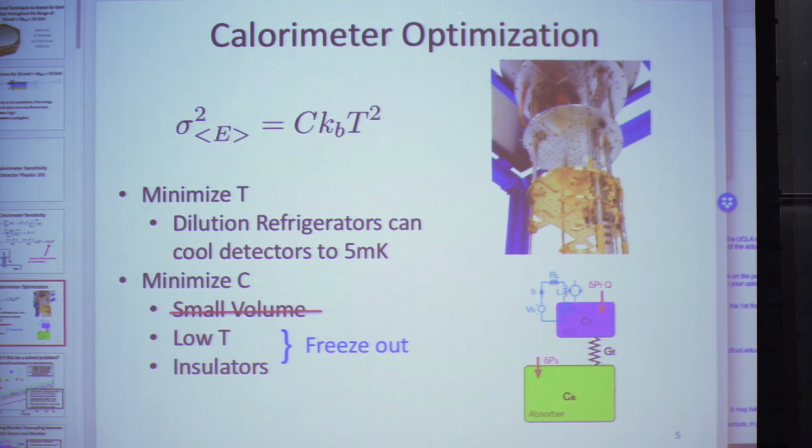On the scale of a single pixel of SENSEI, that's enormous, right? A single pixel of SENSEI is like 25 microns across, let's say. And so those are microgram and nanogram per pixel.